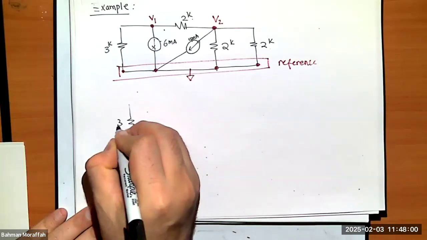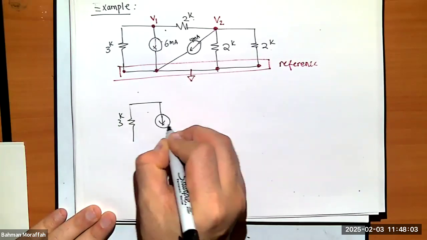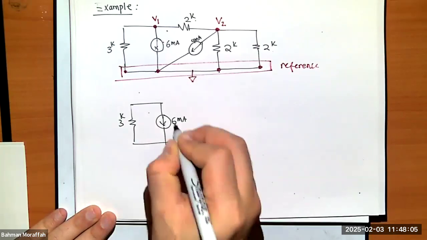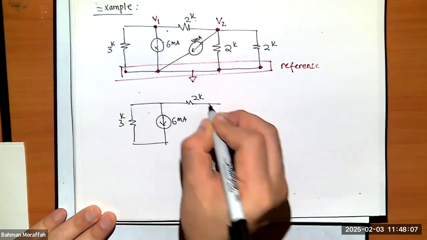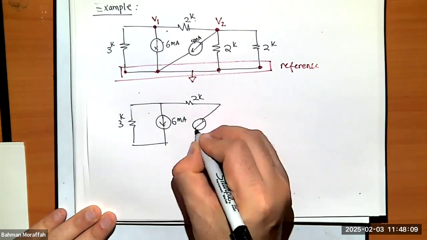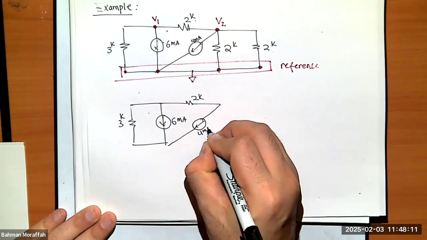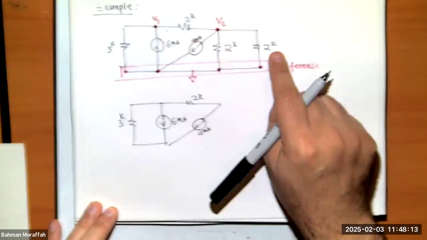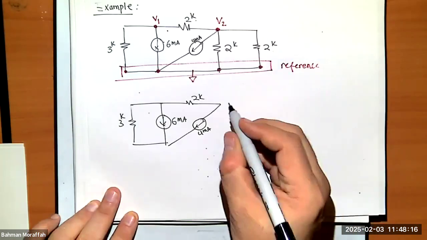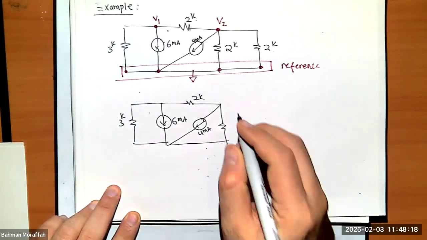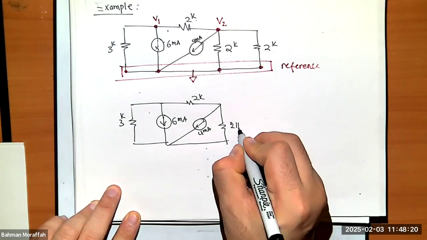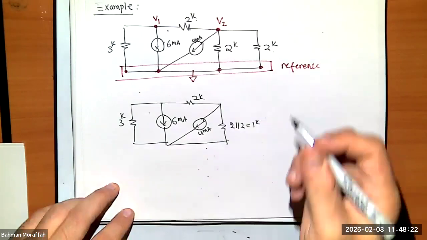I have this 3K. I have this 6 milliamps. I have this 2K. I have this 4 milliamps. I have 2K and 2K in parallel. I'm going to replace it by a 1K resistance, right?